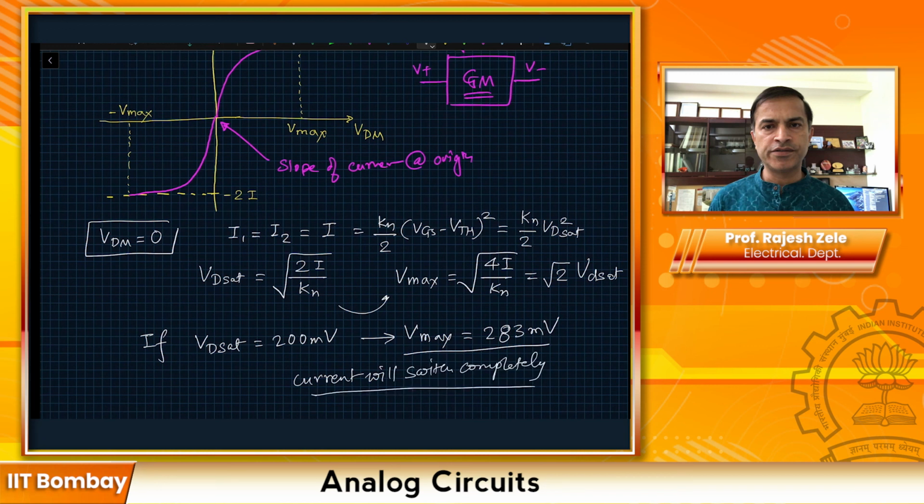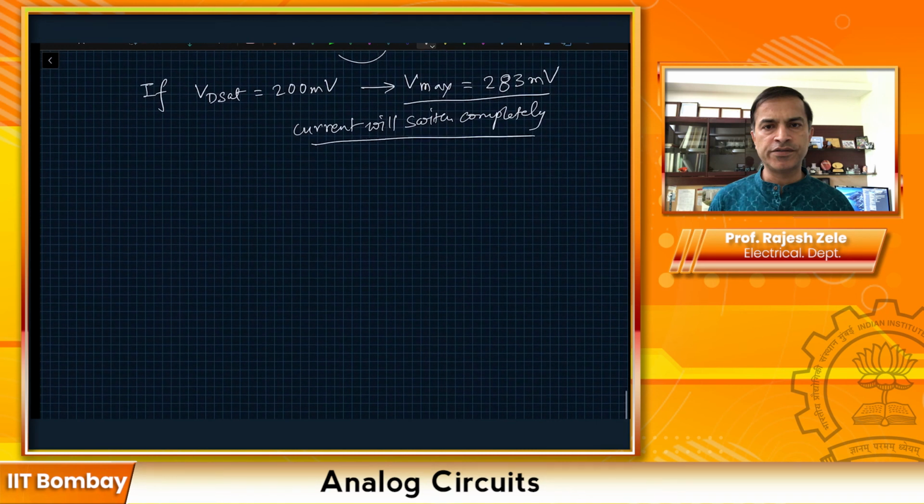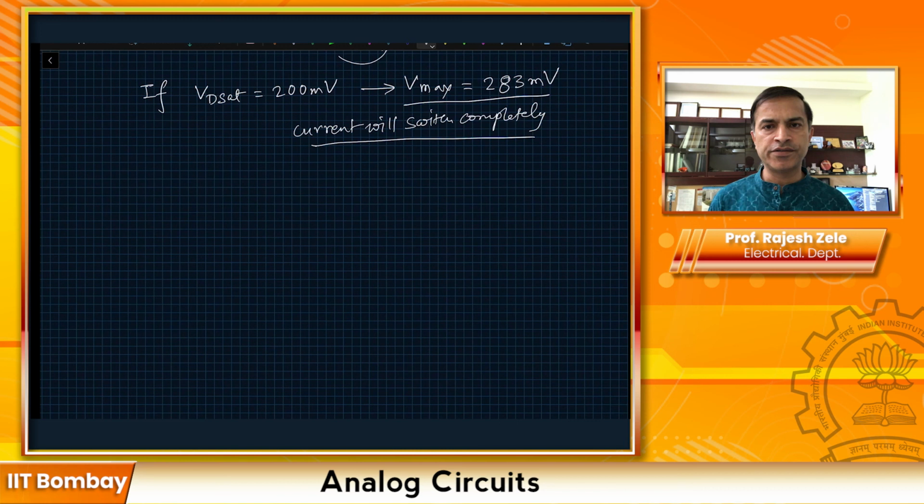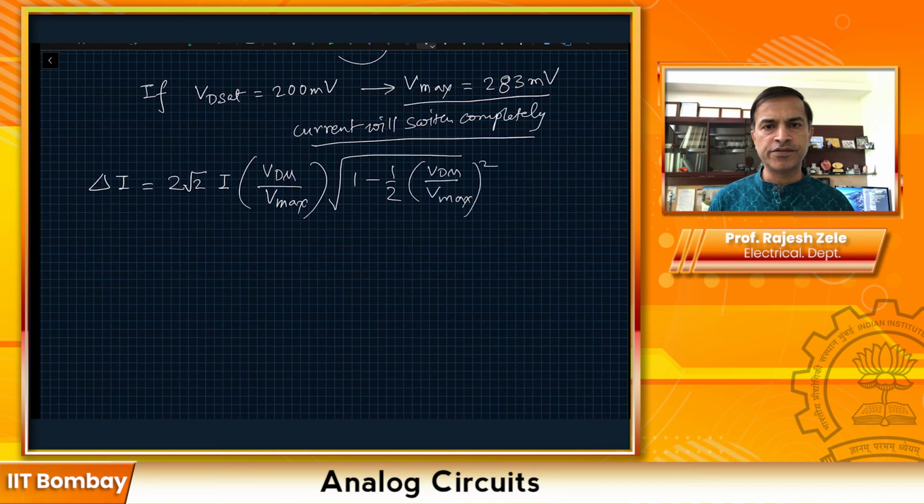Let's go back to our original equation to get some more insight, which is delta I equal to 2 root 2 times I, times VDM divided by Vmax, times the square root of 1 minus half of (VDM divided by Vmax) squared.